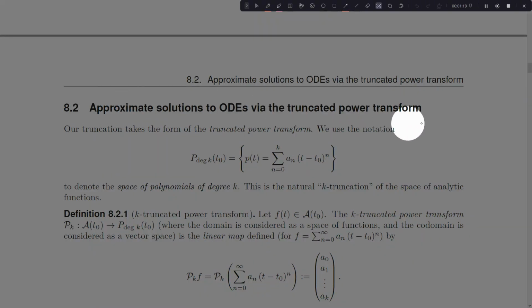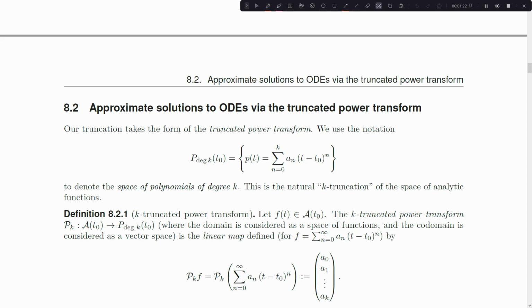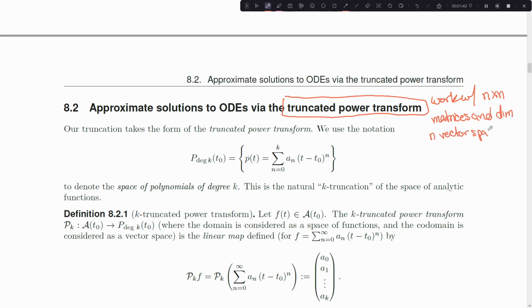And we're going to truncate our power transform in the sense that, what do I mean by truncate the power transform? Work with n by n matrices and dimension n vector spaces, because a lot of things get a lot easier when we just decide to stop at some point.